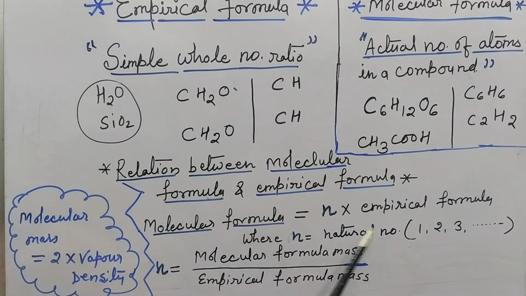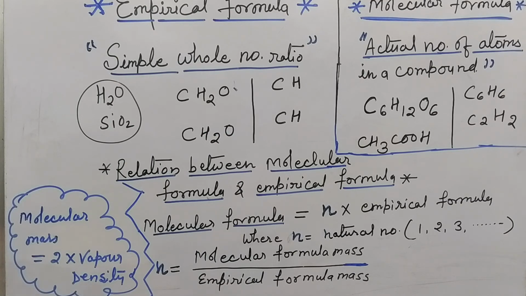How can we determine the n? N equals molecular formula mass over empirical formula mass. Whatever mass is given in the numerical for the molecular formula, that mass we will write over here, and the empirical formula mass below. Then we can get the n. This is the number or integer. Sometimes in a numerical problem vapor density is also given.